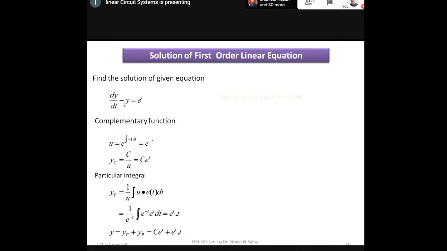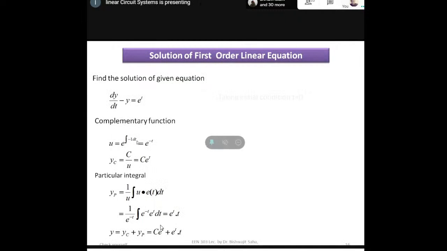So we can write plus into minus 1 y equals e to the power t. So that a0 becomes minus 1. So e to the power integration of minus 1 dt. So the integration of minus 1 dt is minus t. Right? Yes, sir.